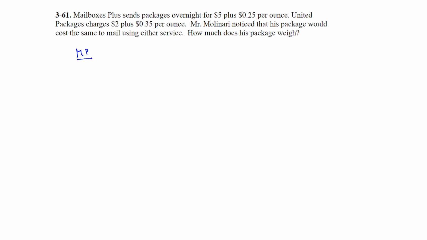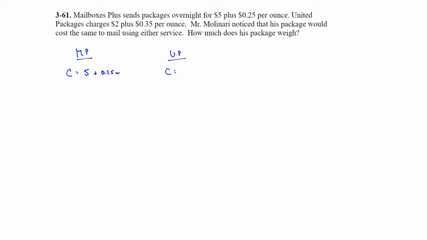Mailbox Plus, it's going to cost, we'll just use C as cost, $5 plus 25 cents per ounce. I'm not going to use an O for ounce, I'll just use W for weight. Alright, and then we have the United Packages.